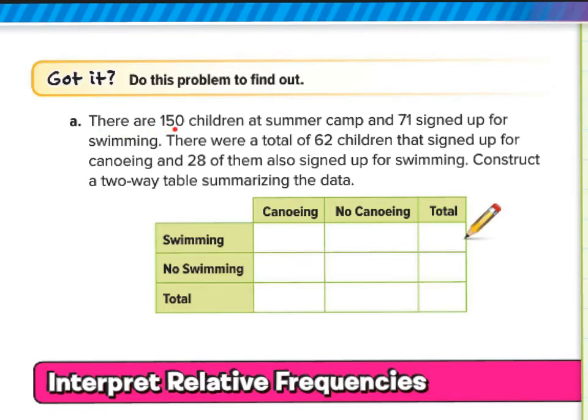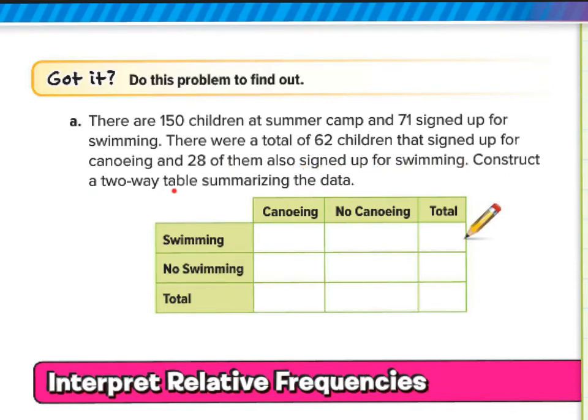There are 150 children at summer camp and 71 signed up for swimming. Okay, so we have swimming right here, and we're going to take them into account in a minute. There were a total of 62 children that signed up for canoeing, and 28 of them also signed up for swimming.